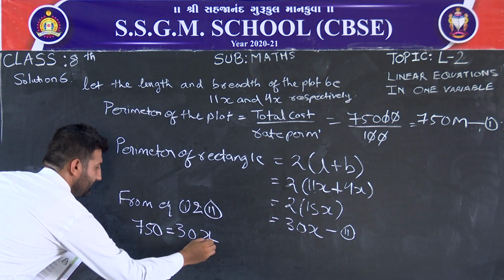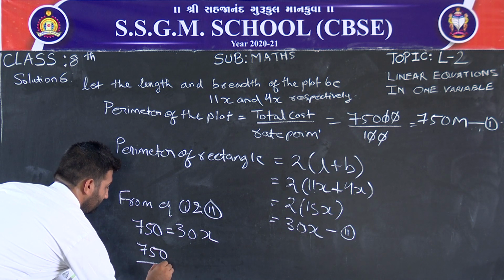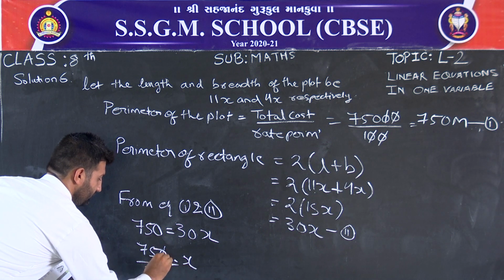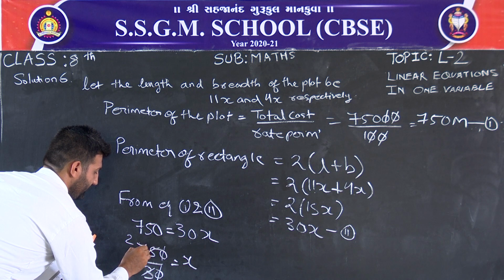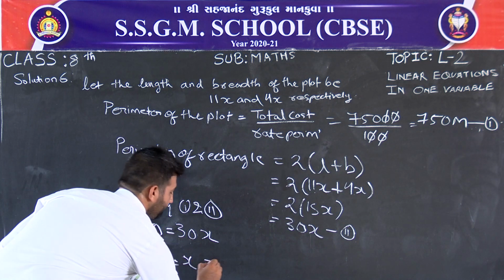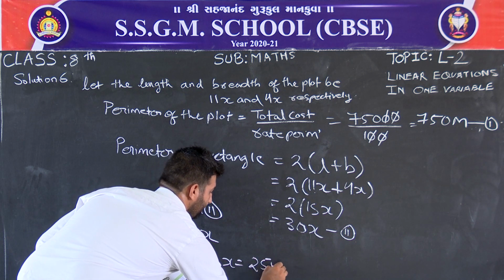So x will be here and 30 will go down. The zero will again cancel; 3 ones are 3, 3 twos are 6, 1 remaining, 15, that is 5. So here we get x is equal to 25 meter.